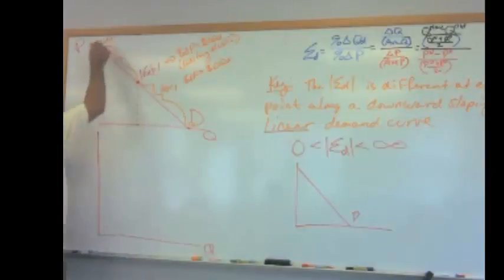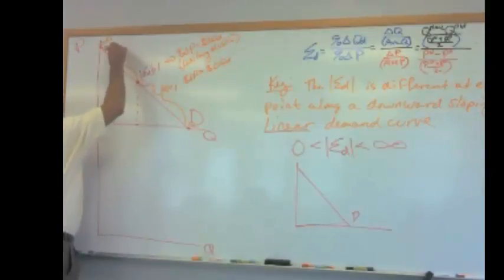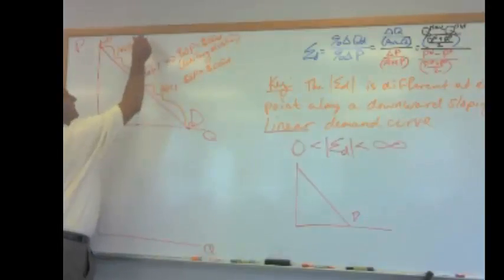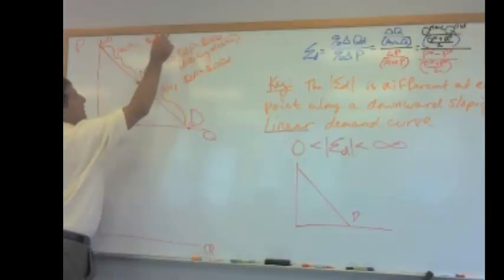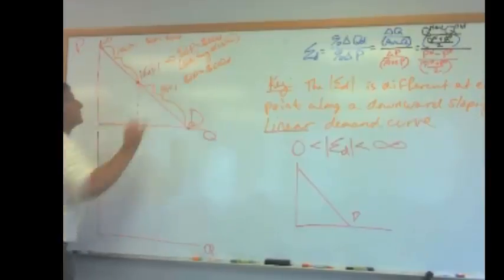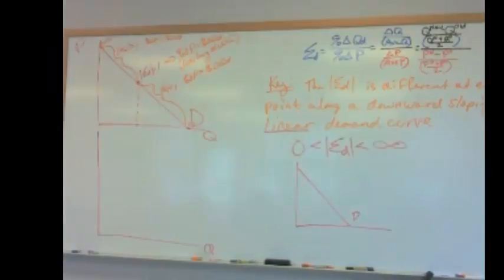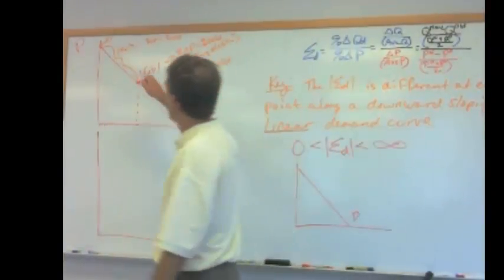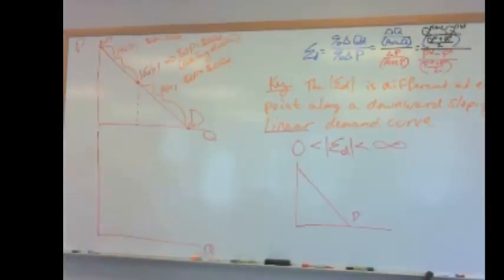So everywhere in between, where the elasticity of demand is greater than 1, all places along here, the percentage change in price is less than the percentage change in quantity demanded. So when the elasticity of demand is greater than 1, would you say that it's more elastic or less elastic? More. Why?